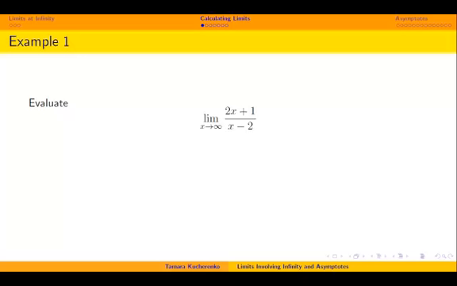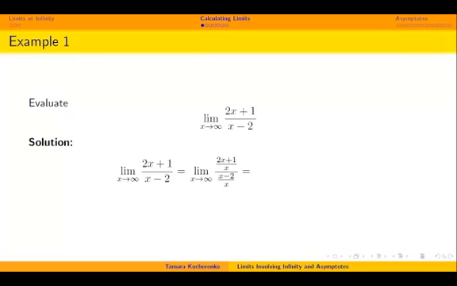In order to figure this out, we need to use the following technique. Divide the numerator and denominator by the highest power of x in the denominator. So here we divide the top and bottom by x.